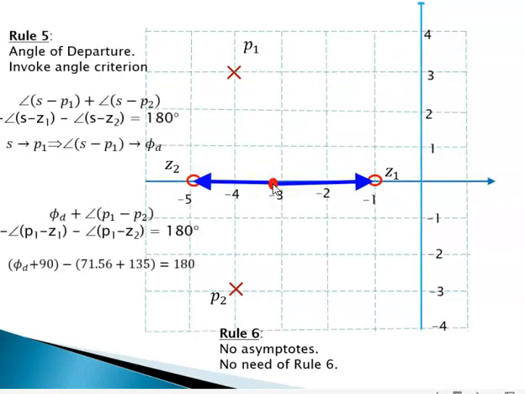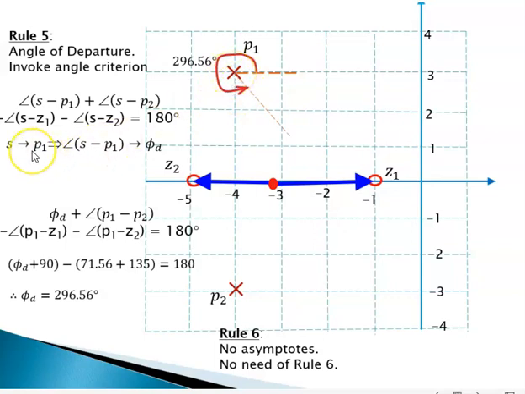The next one is a little bit tricky, but let me go slowly at it. You have this as the angle criterion: the sum of angles of poles minus the sum of angles of s minus zeros is 180 degrees. To find the angle of departure here, the angle of departure is the angle of the tangent to the curve at P1.